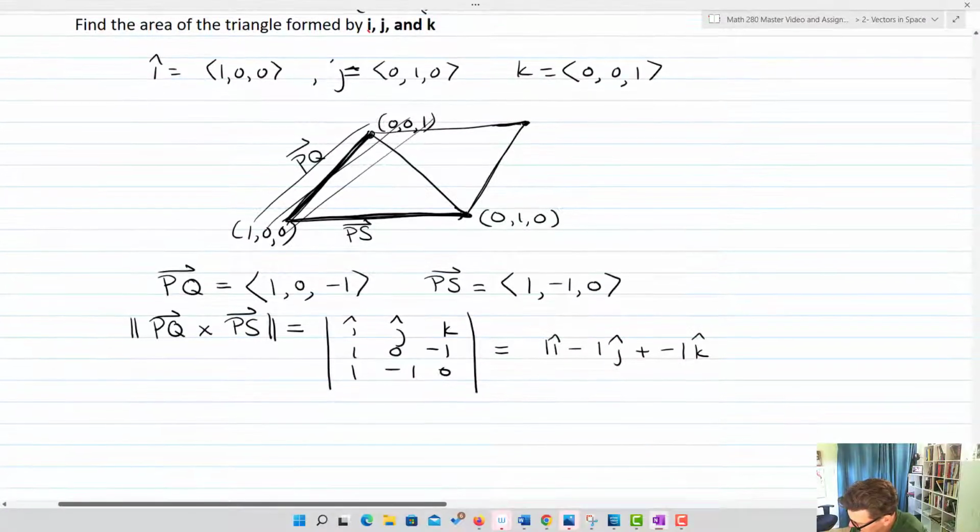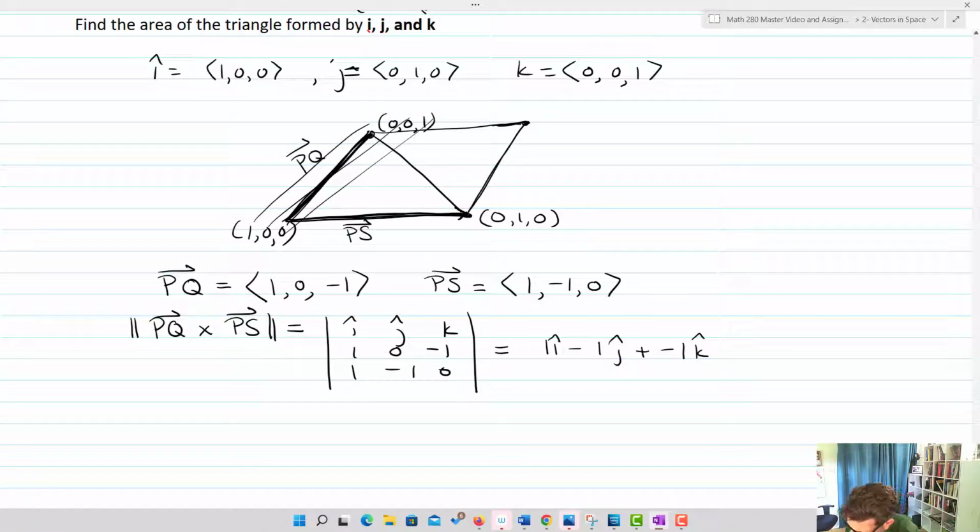Cool. So 1i minus 1j minus 1k. That's the resulting vector, our cross product. Now we just have to find the magnitude.